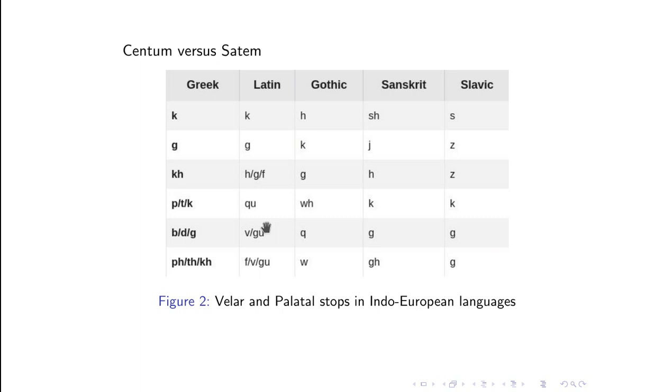So the idea is that in order to account for these sound correspondences, you have to propose proto sounds in the ancestral language, and also suggest mechanisms of change. How could the sound in the proto language change to the sounds in these individual languages?